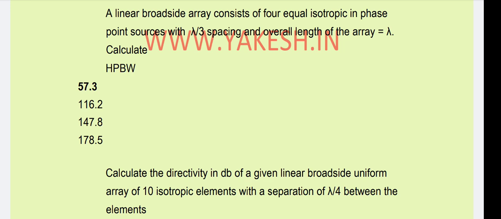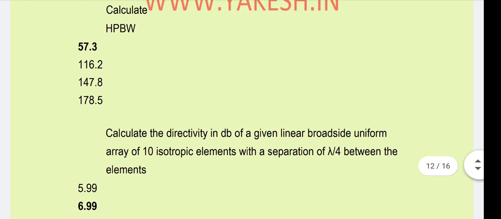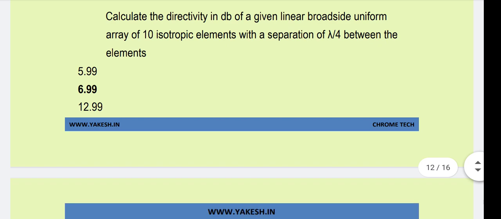A linear broadside array consists of 4 equal isotropic in-phase points, lambda by 3 spacing. Calculate the HPBW. Option A is the correct answer, 57.3. Calculate the directivity in decibel given linear broadside uniform 10 isotropic elements, lambda by 4 between the elements. Option B, 6.99 is the correct answer.